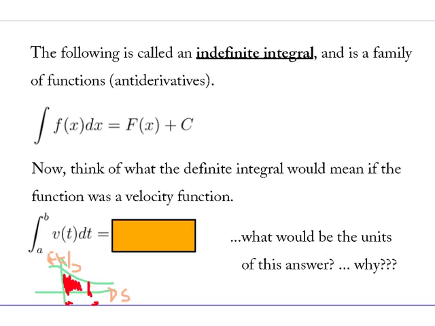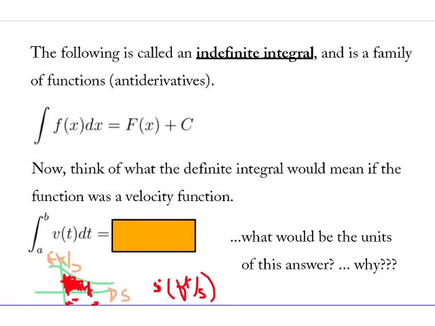Well, you know that when you find an area under a curve, you're really just essentially adding up bases times heights of an infinite number of rectangles. So each base would be seconds, right? Because we're going to think of the units. And each height would be, look at your y-axis, feet per second.